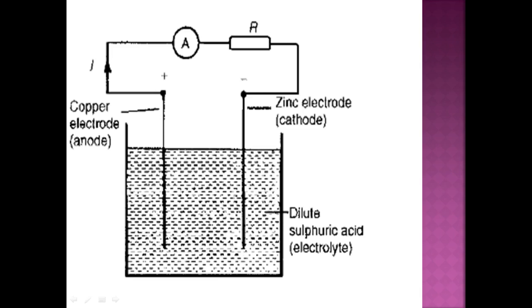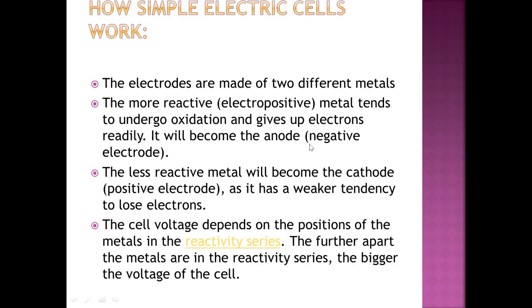On this other side we have the copper electrode. The copper has been used as the anode, while zinc is the cathode, and we have an ammeter and a resistor. The ammeter will be used to measure the current flowing through the resistor, and we will get to understand the working principle.